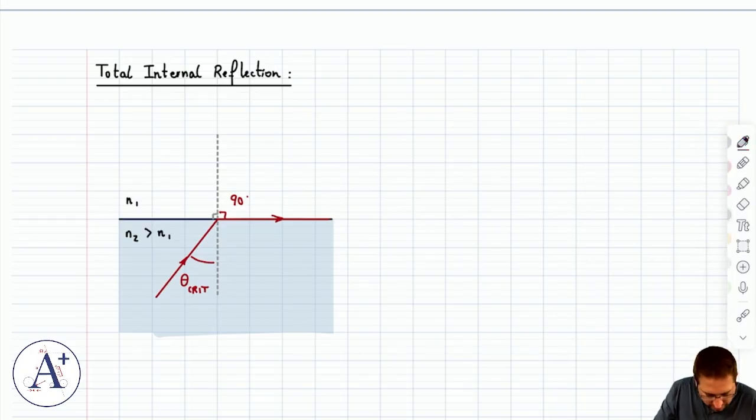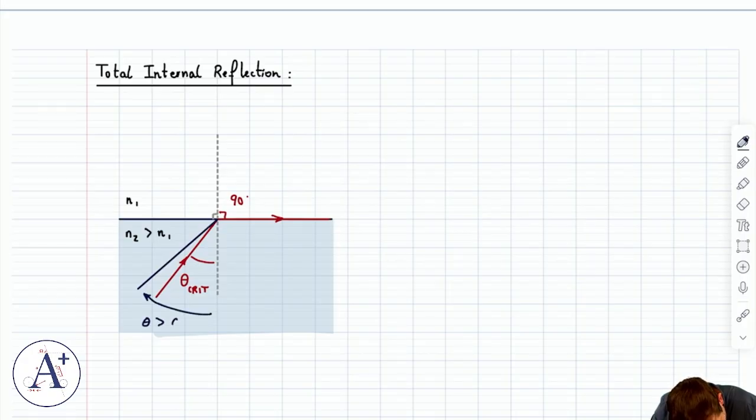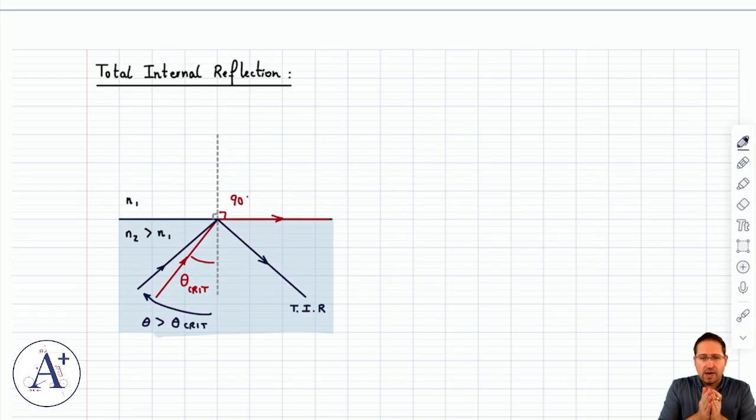But if you were to choose an angle theta greater than theta critical, since this cannot bend away from the normal further than 90, then you no longer have a refracted ray. The light undergoes total reflection at the interface. This is what's called total internal reflection. Light remains trapped in the water and does not escape into the air.